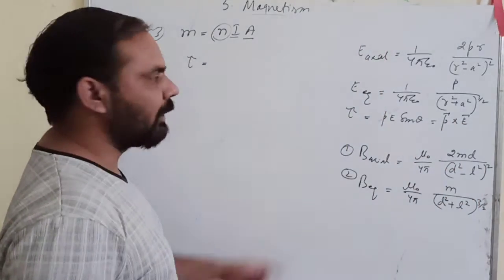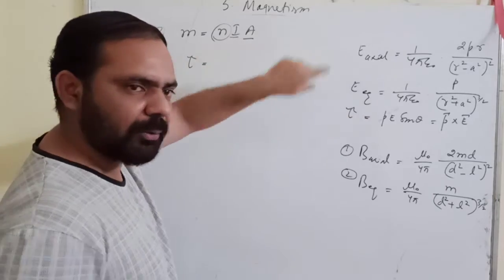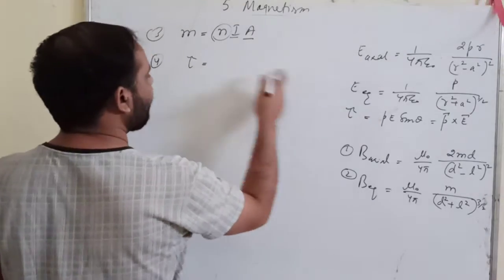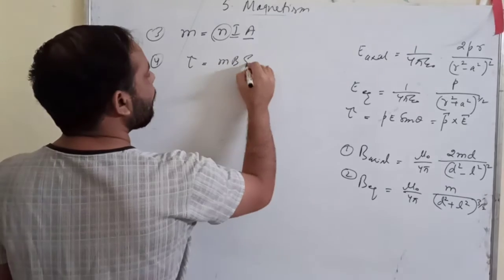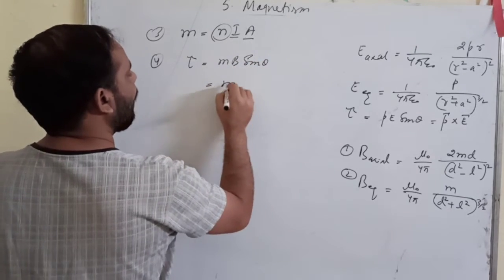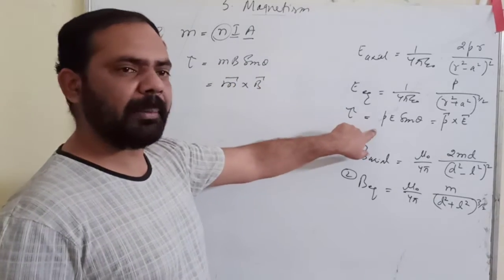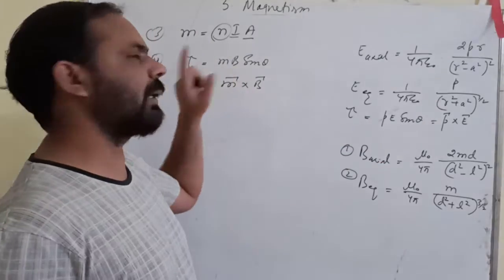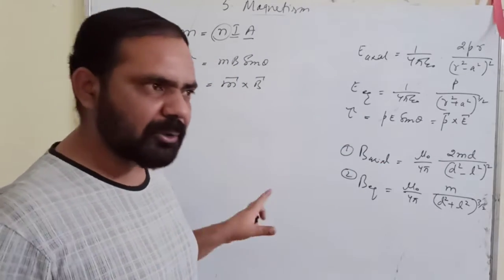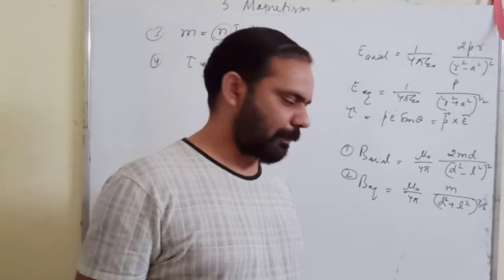Same way, following the same steps, P will be replaced by M, E will be replaced by B, and you get M B sine theta, or M vector cross B vector. Electric dipole moment is replaced by magnetic dipole moment, and electric field by magnetic field, and you get the expression for torque also.